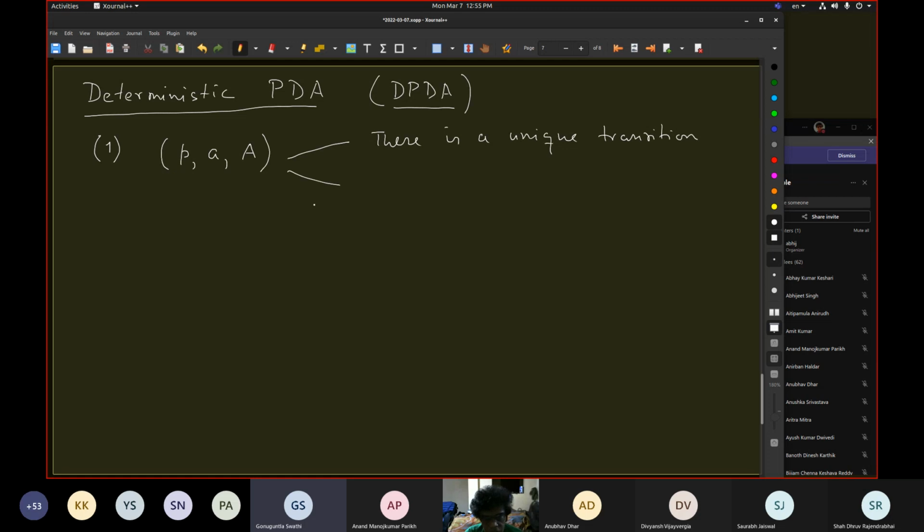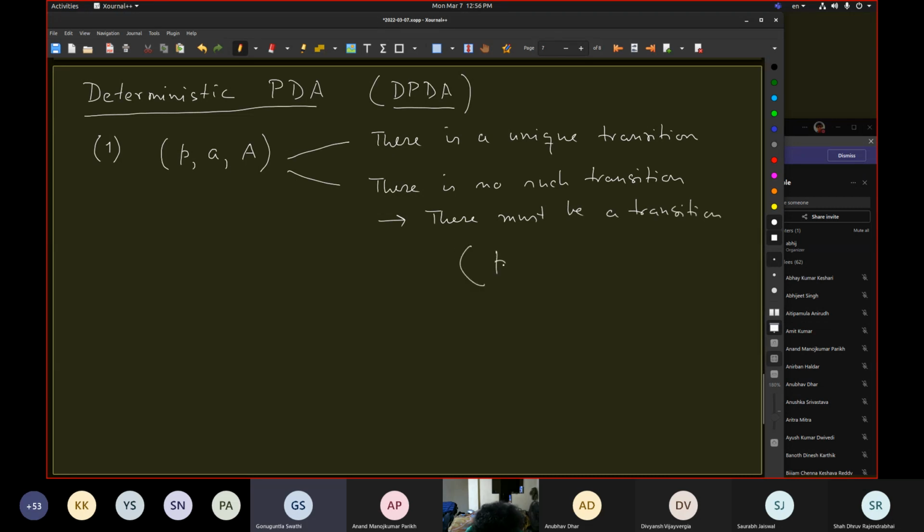That is deterministic, right? There is a second possibility that there is no such transition, but in that case, there must be a transition of the form P to something.